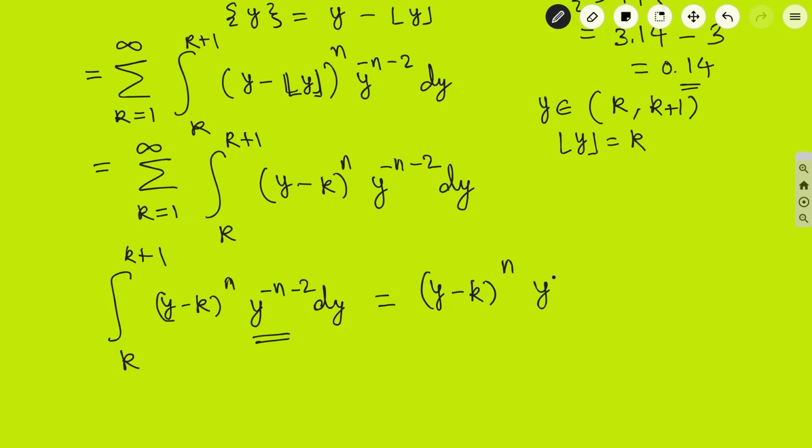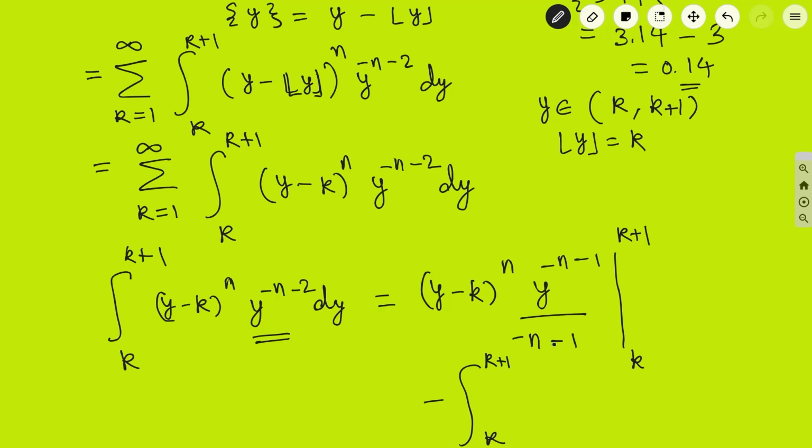So when you integrate this, it is y to the power minus n minus 1 divided by minus n minus 1, and you put the limits k to k plus 1, and then you put a minus sign, and then you have an integral with the same limits.